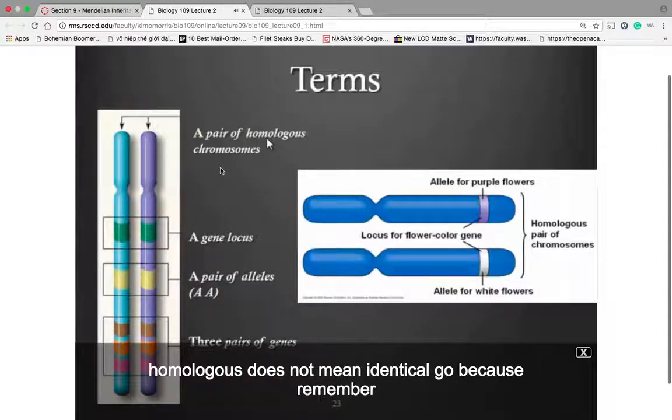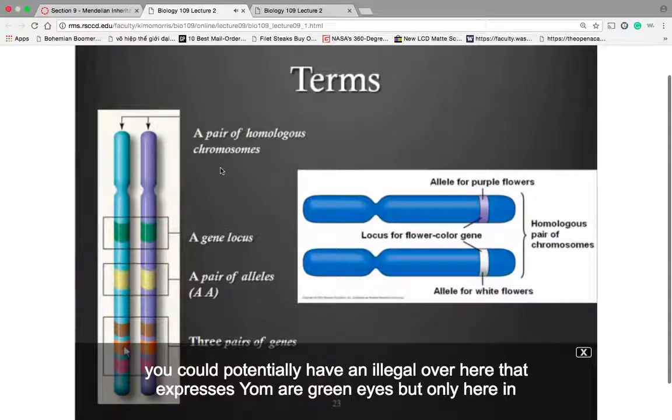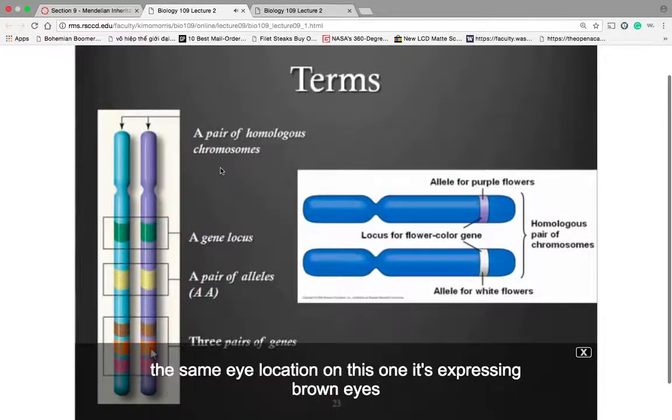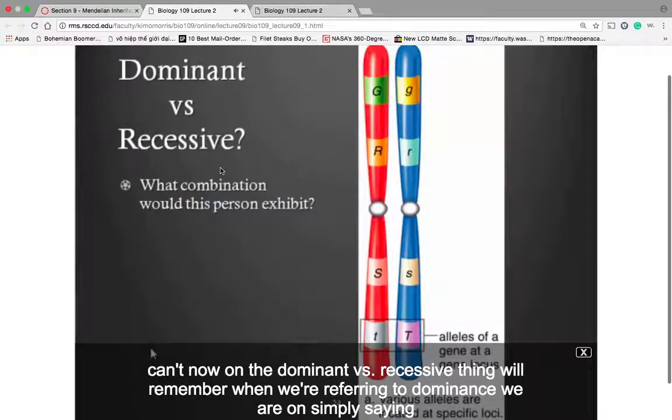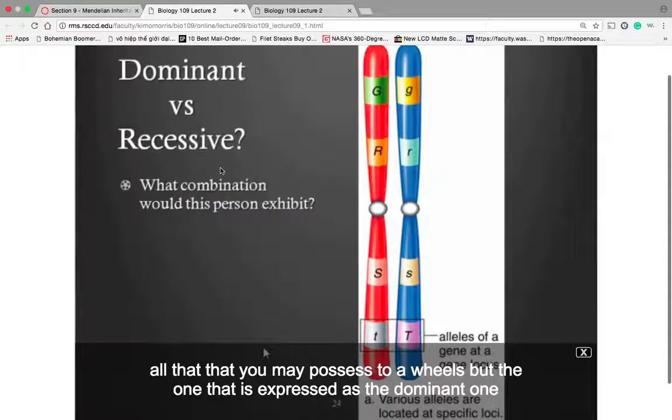Homologous does not mean identical, though, because remember, you could potentially have an allele over here that expresses green eyes, but over here, in the same eye location on this one, it's expressing brown eyes. Okay? Now, the dominant versus recessive thing, well, remember, when we're referring to dominance, we are simply saying that you may possess 2 alleles, but the one that is expressed is the dominant one.